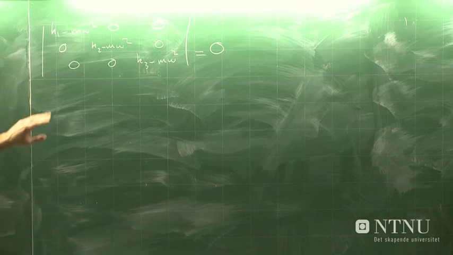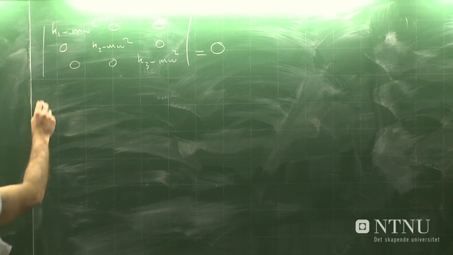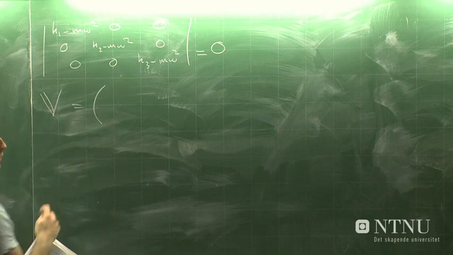So we may now identify the following determinant as the one that gives us the eigenfrequencies. And the way I've set up this determinant is that I've considered my T and my V, and then I set up the corresponding matrices.